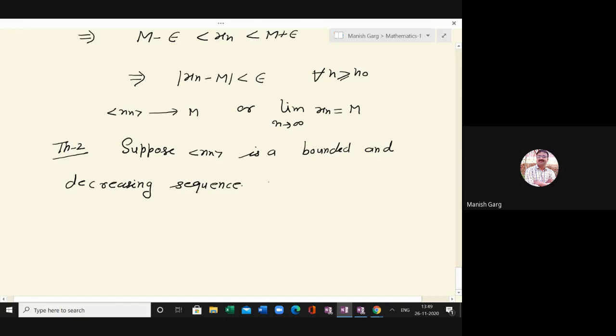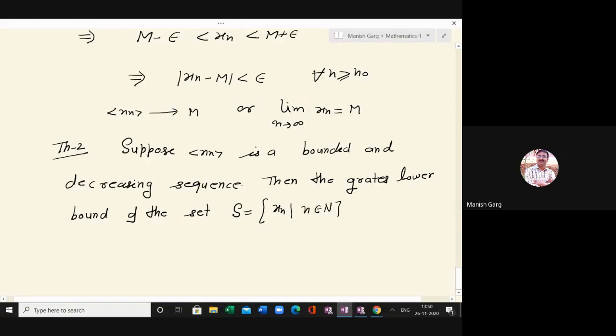Then the greatest lower bound, it means infimum, of the set Xn, n an element of N, is the limit of the sequence X. So what is the meaning?